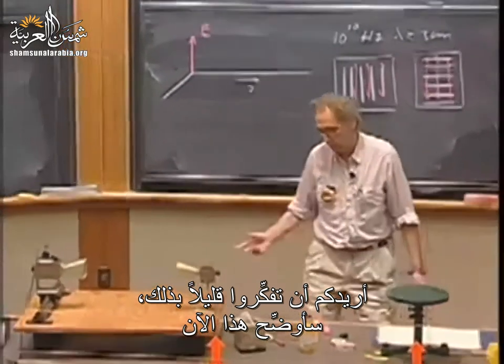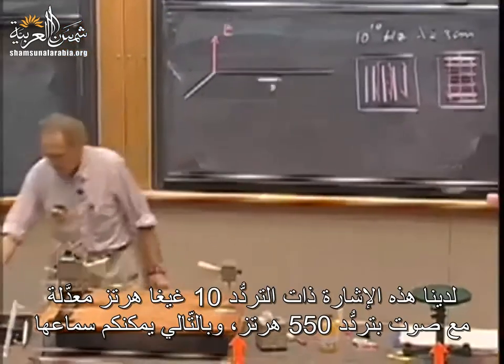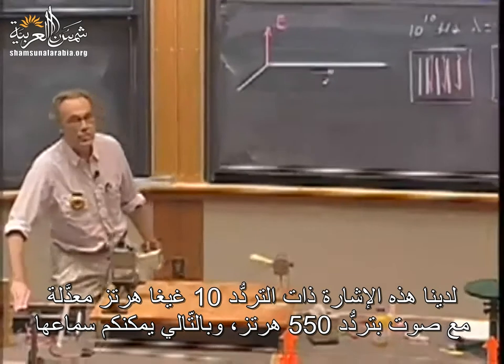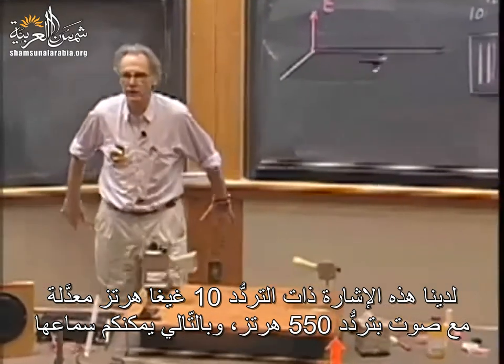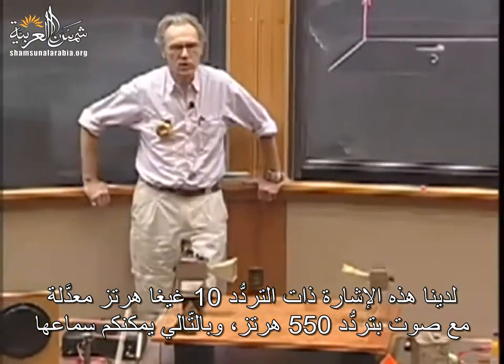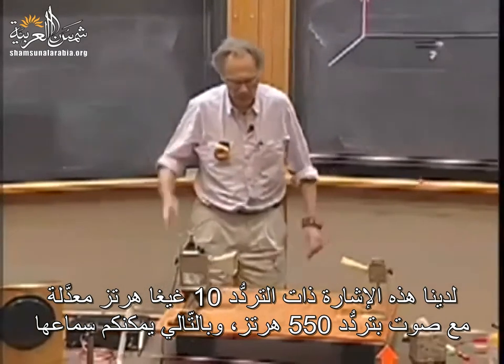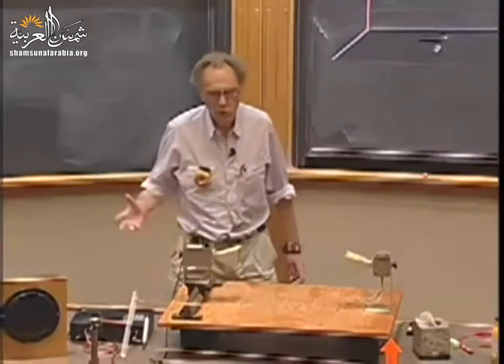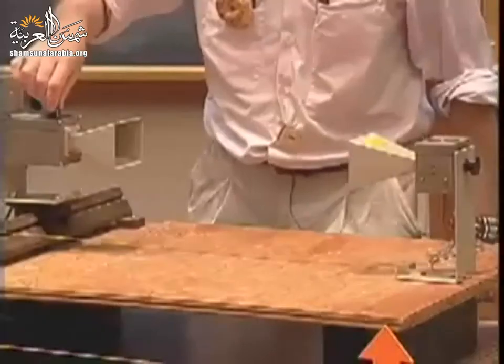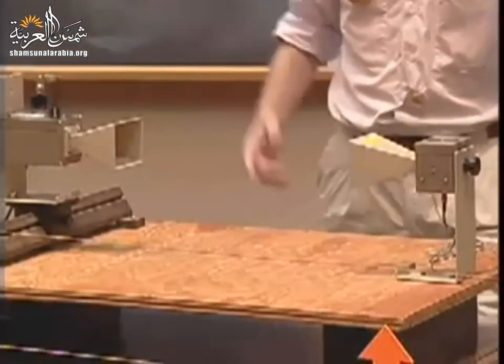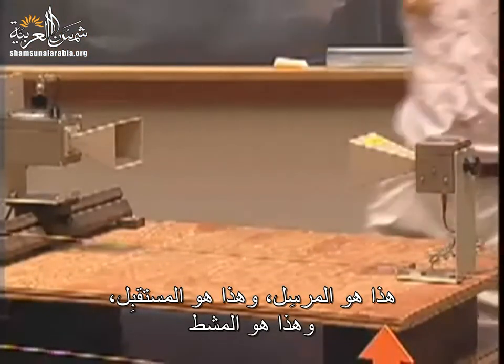So I will demonstrate it now. We have this 10 gigahertz signal. It's modulated with 550 hertz sound, so you can hear it. That's the only reason why we modulate it. You can hear it. It's a nasty sound. Here it is. So this is the transmitter, and this is the receiver.